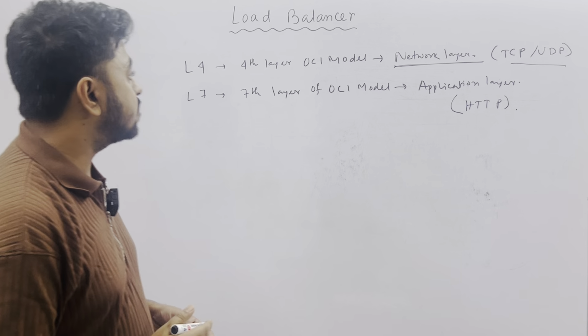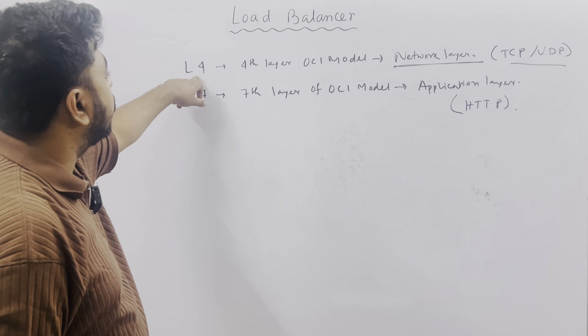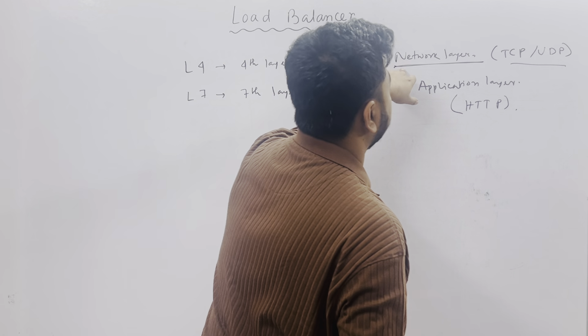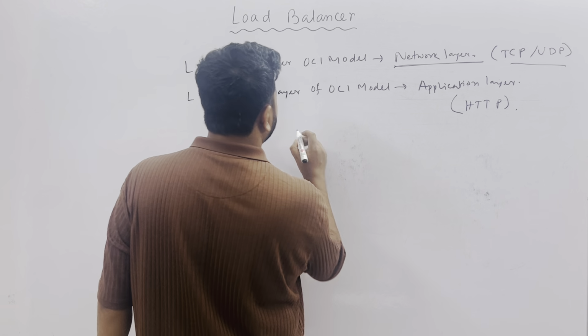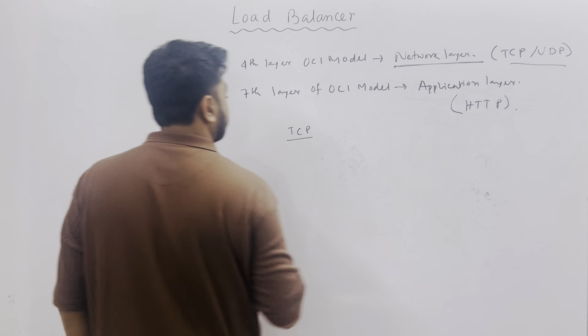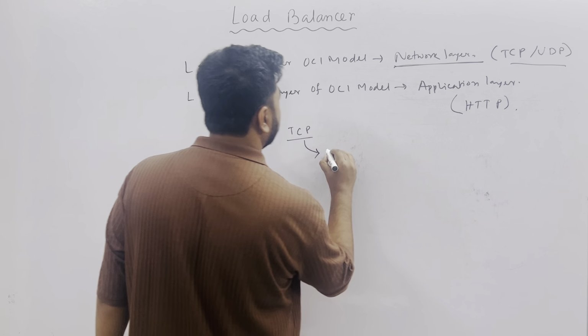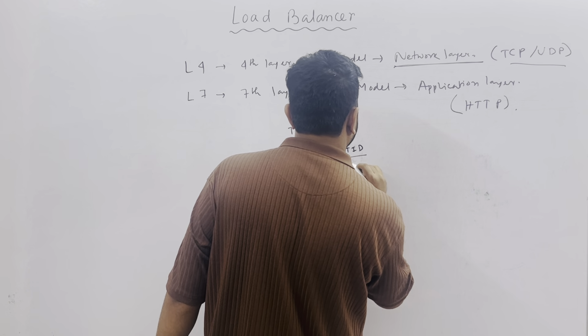So, when it comes to the L4 load balancer, it directly works on the network layer. In this layer, you balance the load based on the TCP request, right. It only balances the load based on your host or IP address, okay.